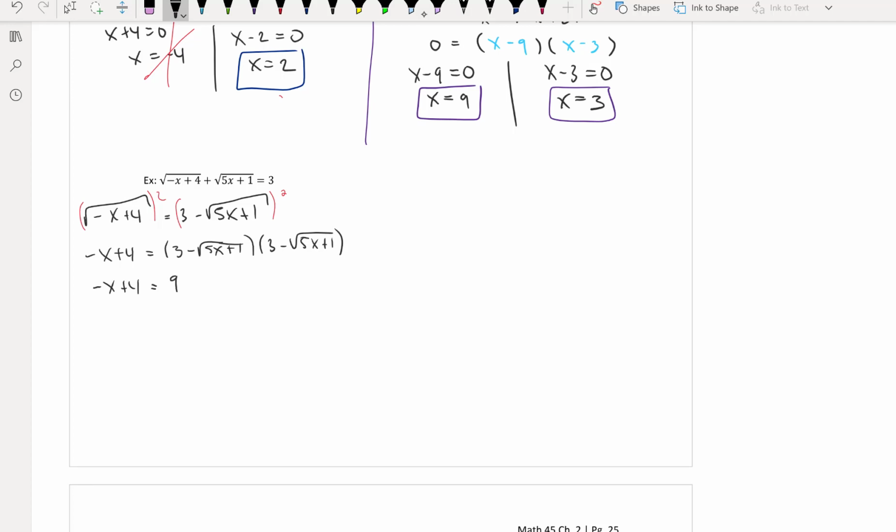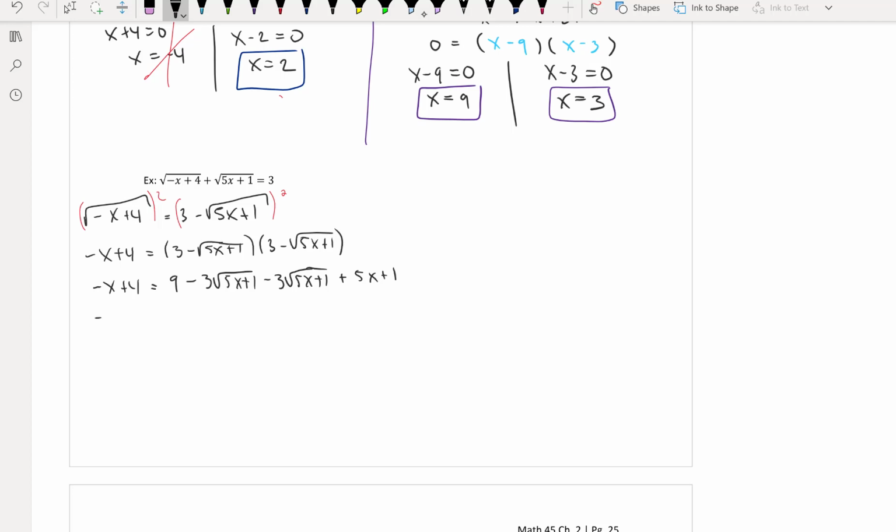So I'm going to have 9 minus 3 square root 5x plus 1 minus 3 square root 5x plus 1. And then the square root of 5x plus 1 times the square root of 5x plus 1 should be plus 5x plus 1. Because the square root gets squared, it's the exact same thing.